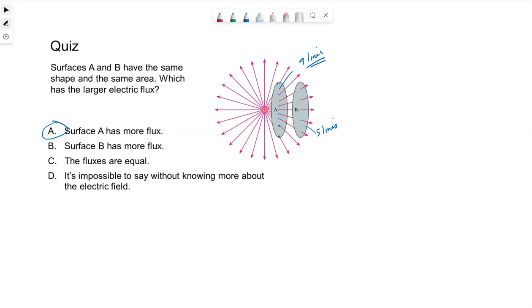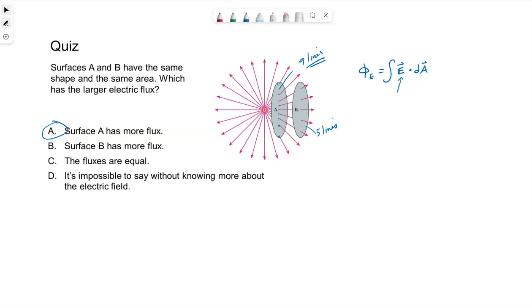But again, remember when we draw a picture with electric field lines, how close they are is an indicator of how strong the electric field is. So surface A is closer to that point charge, which means it's in a region where the electric field is stronger. And so with flux, technically this one would require us to integrate because the electric field would not be uniform.